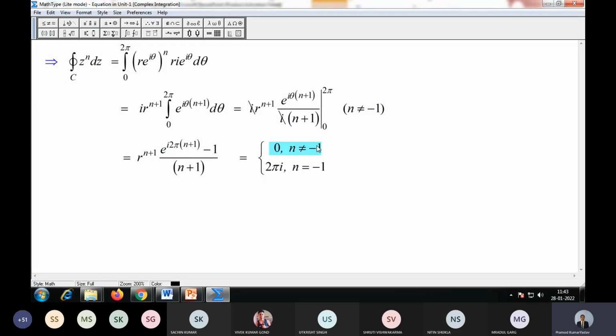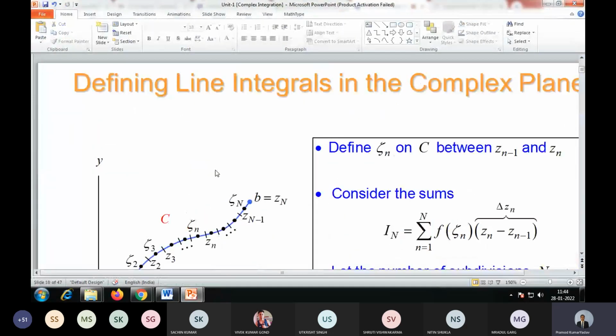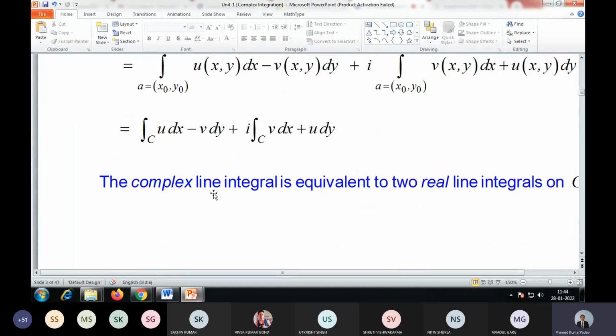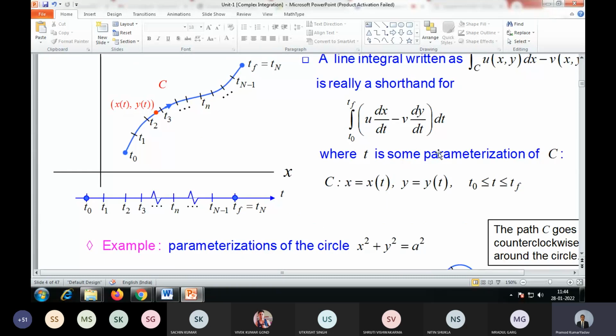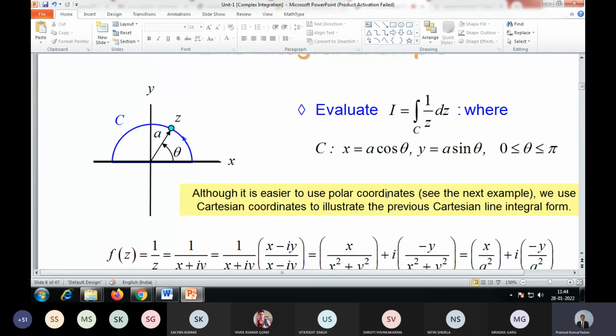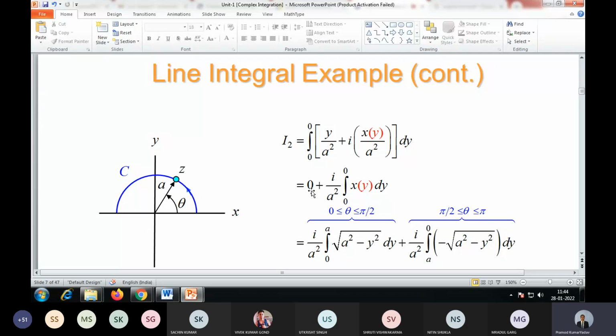But at the same time, we have seen that when n equals minus 1, this problem reduces to the above problem, that is 1 upon z power n. In that case we have done the calculation in this problem, and the theta values were 0 to pi, so the answer was I pi, but for 0 to 2 pi the answer becomes 2 pi I, which has been mentioned here in the slides.